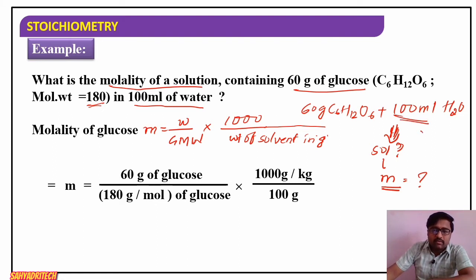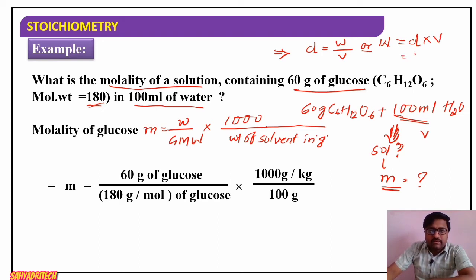Here volume is given, so this volume must be converted into mass. What is the relation? Density is equal to weight divided by volume. We know this relation, yes or no? Now if you rearrange it, we want mass, so W is equal to density into volume.